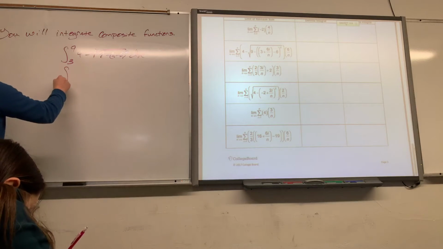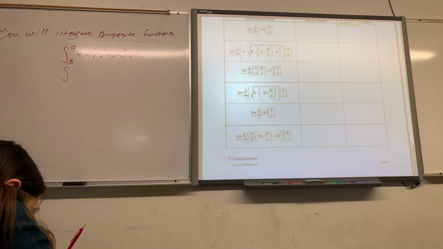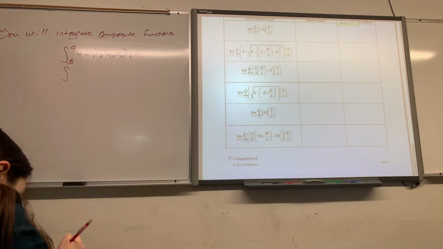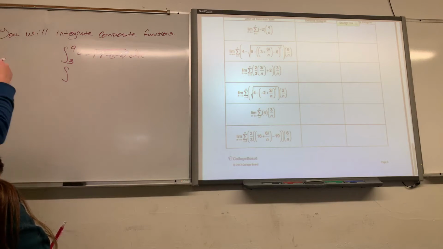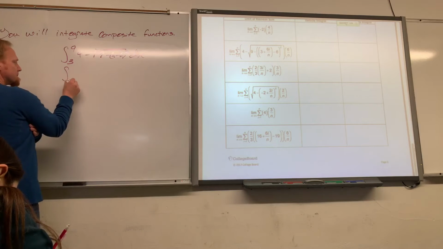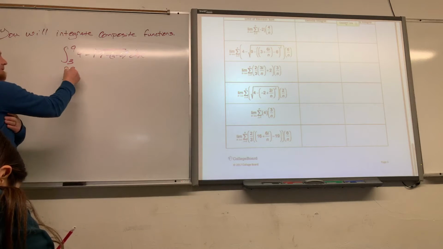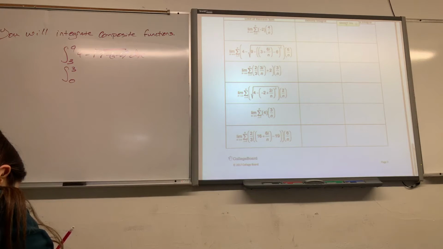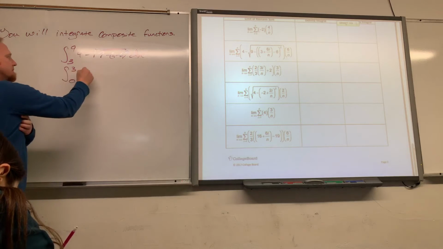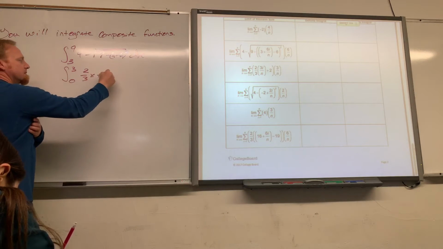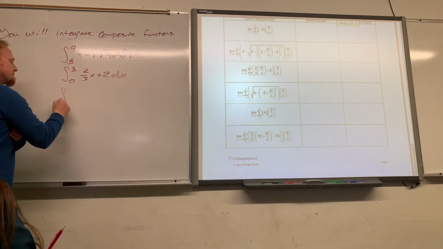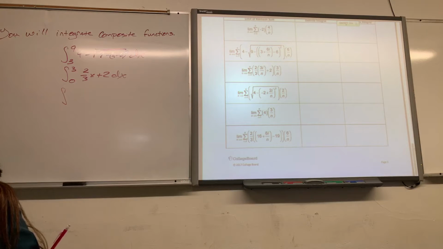All right, Darrell. Next one. Your A would be 0. All right. Abby M. Jennifer? 2/3 x plus 2. Very good. All right, Roshan, next one.